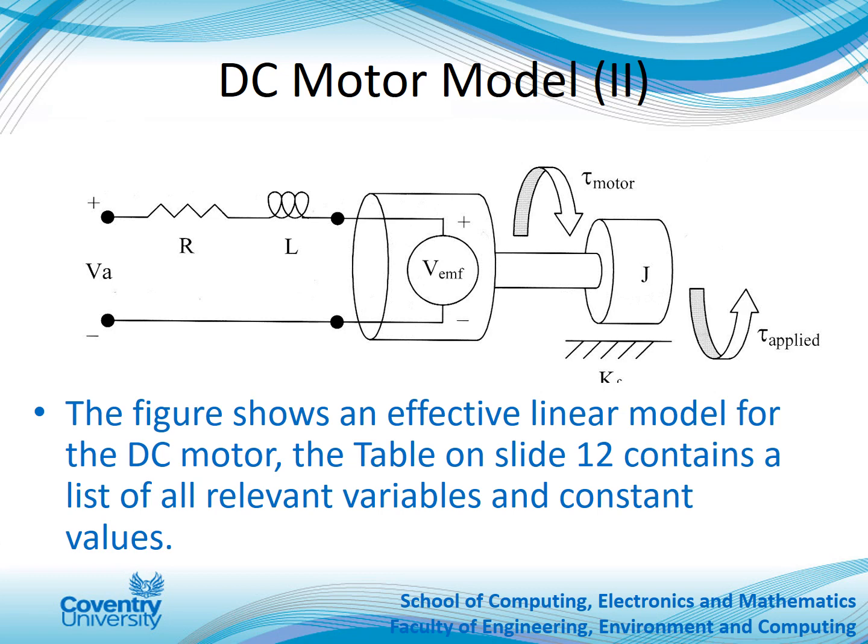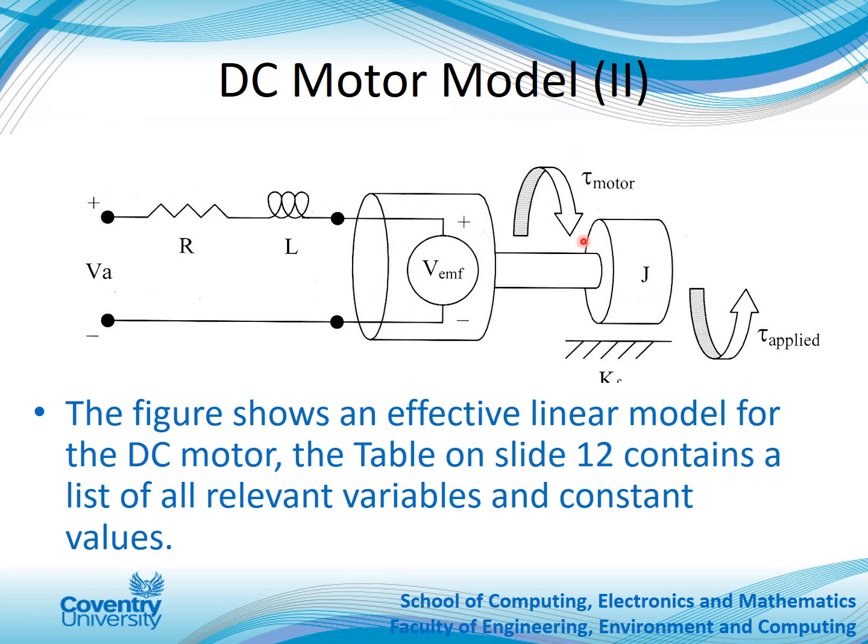You would have a current going through the armature, demonstrated where my laser pointer is now. You'd have an applied terminal voltage across here. You'd also have this back EMF here measured in volts.